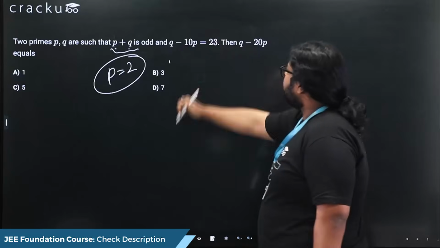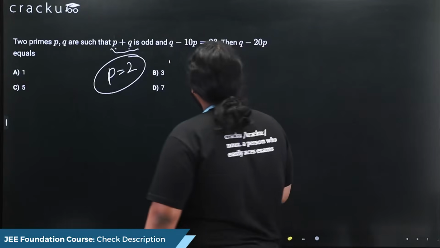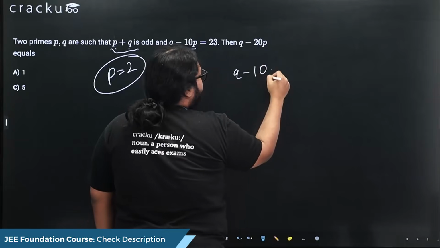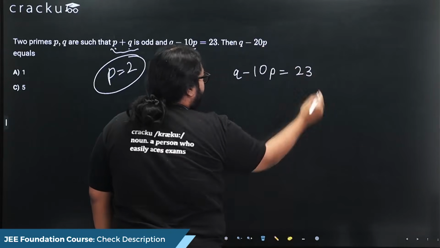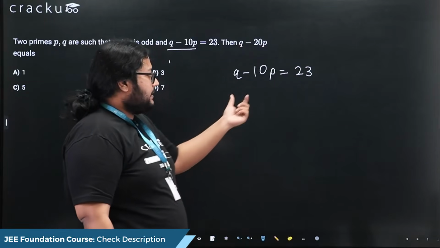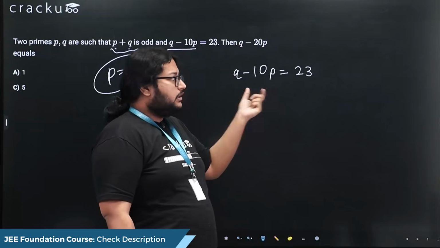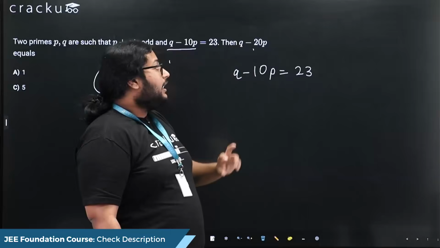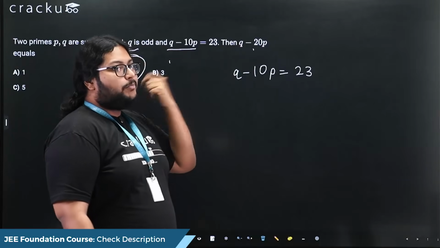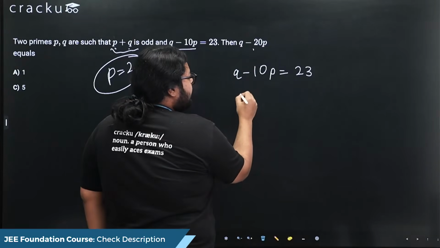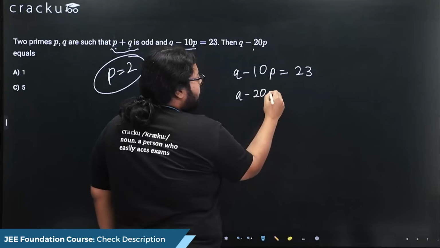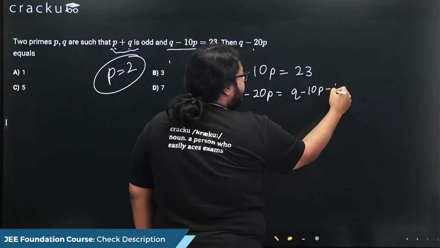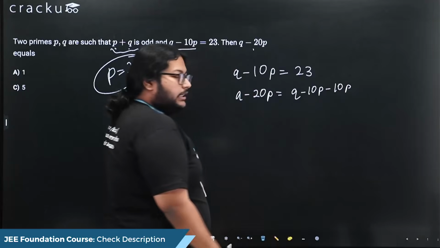If I have P equal to 2 and we are given Q minus 10P is equal to 23, one thing I could do is basically substitute the value of 2 here, find Q, then find this expression. Other thing I can do is, because I know the value of P, I can basically say Q minus 20P is equal to Q minus 10P minus 10P, right?